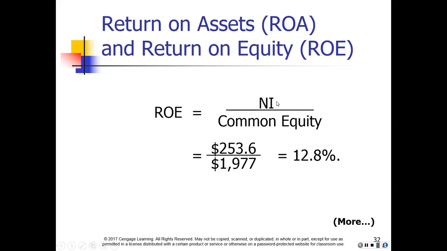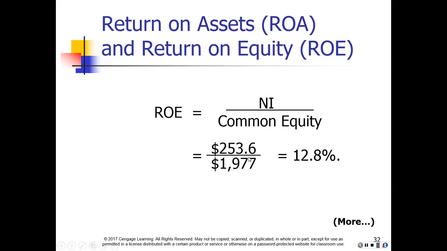The bottom line from the income statement, net income, divided by total investment in equity, and that is total equity, which is going to be common stock plus retained earnings. We add those, and you get total equity.